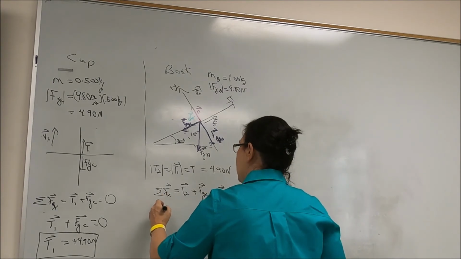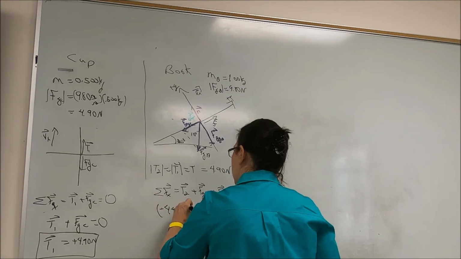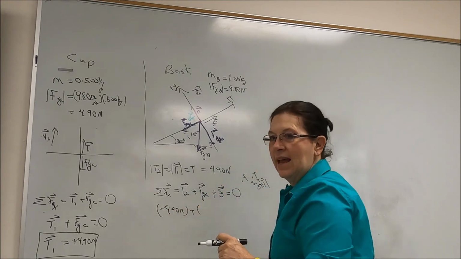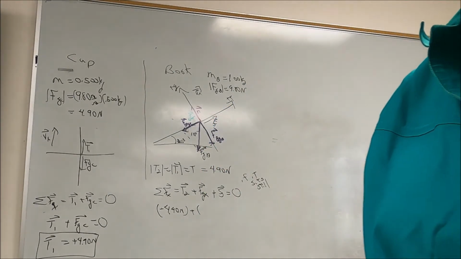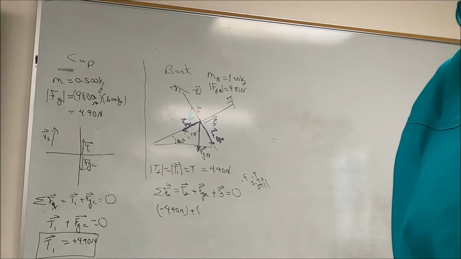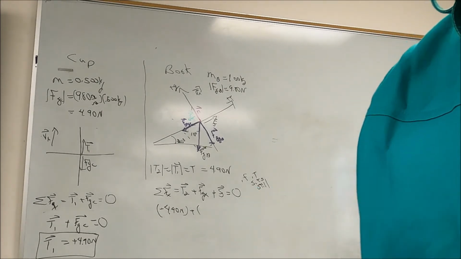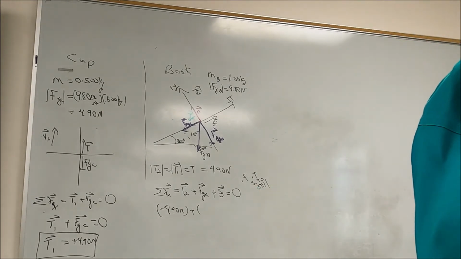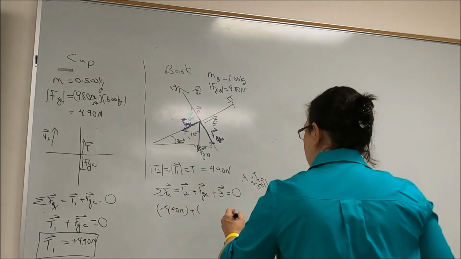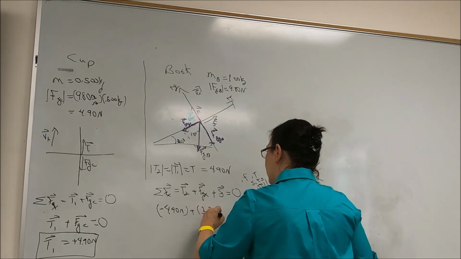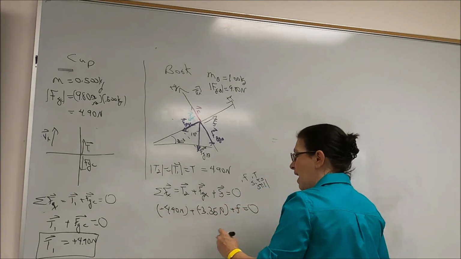So T2 is going to be a minus 4.90 newtons. Force due to gravity in the x direction, let's see, it's 1 times, let's see, so it was 9.8 times just 3.35 newtons, and that's negative, plus the frictional force has to equal 0.